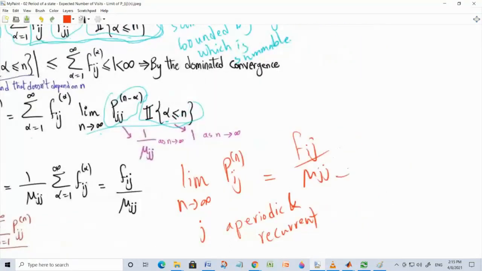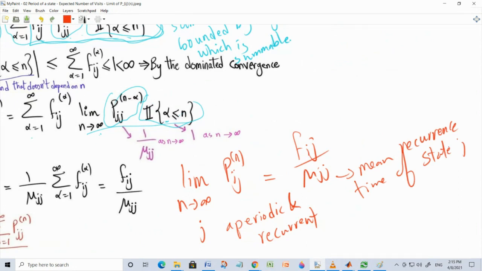So mu jj is the mean recurrence time of state j. This is the time that you need on average, starting from j, to go back to j for the first time.